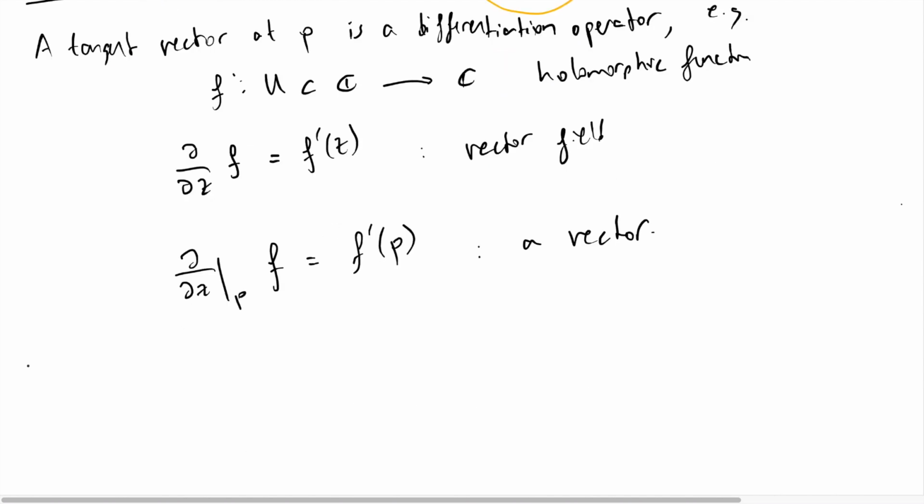Some easy facts, if you want. Since I didn't define a differentiation operator properly, I'll just say that on the complex space, every differentiation operator is just a constant scaling of the differentiation by z. And you can put together all of these tangent spaces together.